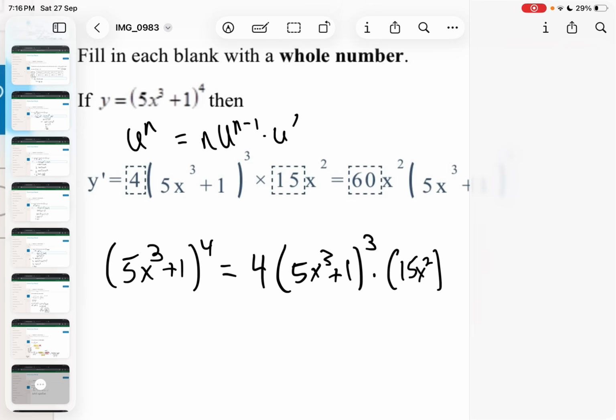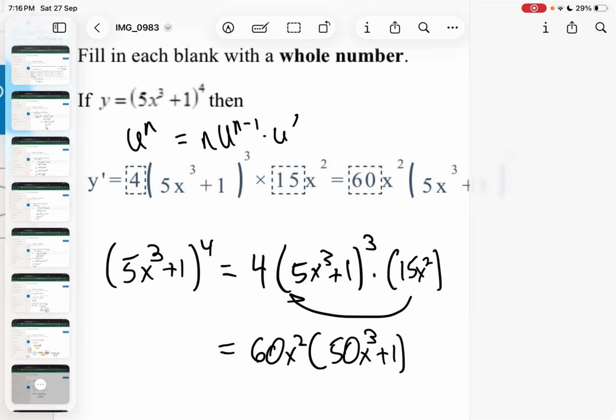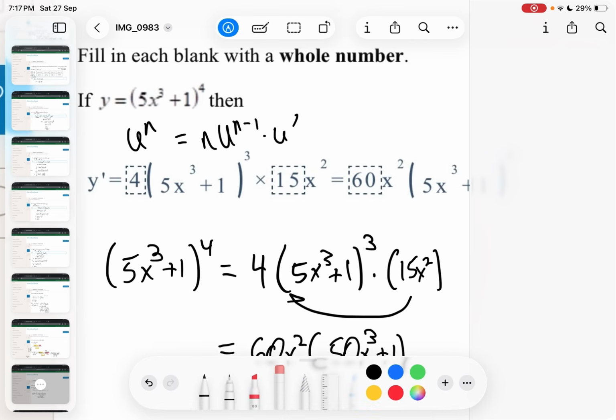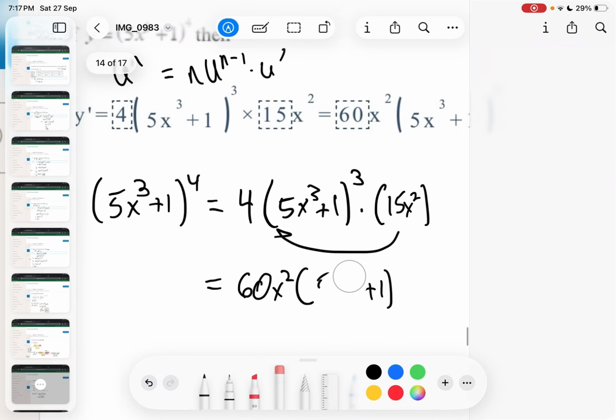And then after that, you multiply the 15 by 4, which is 60x^2, times (5x^3 + 1) to the power of 3.